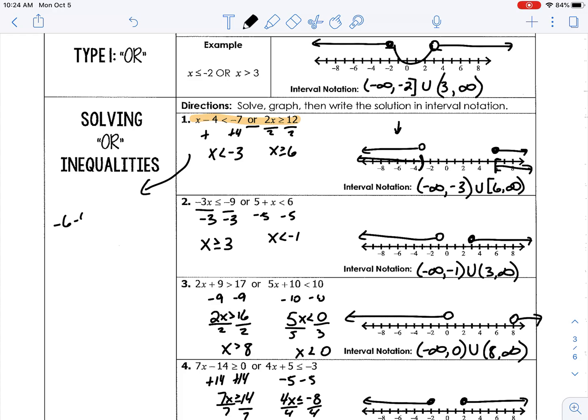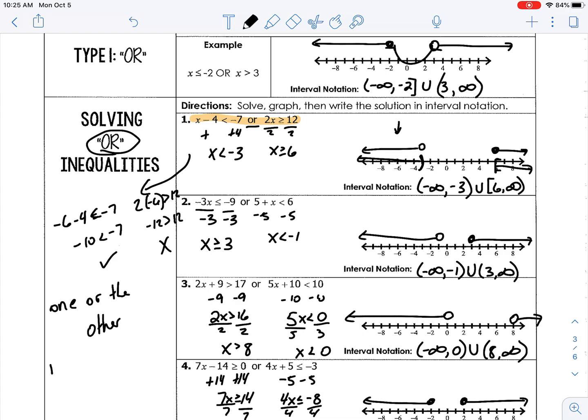So negative 6 minus 4 is less than negative 7. Negative 10 is less than negative 7, which is true, so that's fine. If I went 2 times negative 6, that would be negative 12 is greater than 12, which is not true. However, this is an OR problem, so one or the other needs to be true.